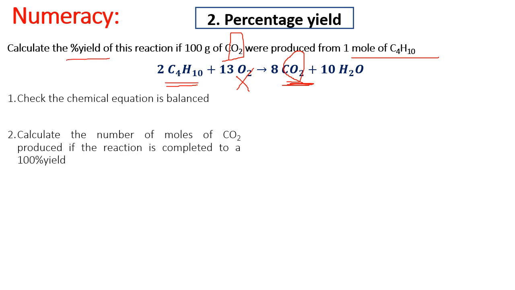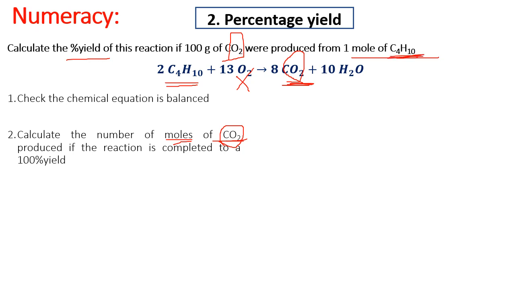Then, the next step, we will see the number of moles of the carbon dioxide that will be produced if we have a 100% yield. In other words, what is the theoretical yield of carbon dioxide but in moles? What if we have a total consumption for the given amount of butane?